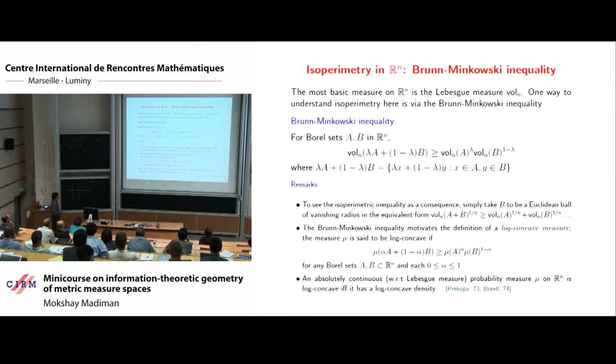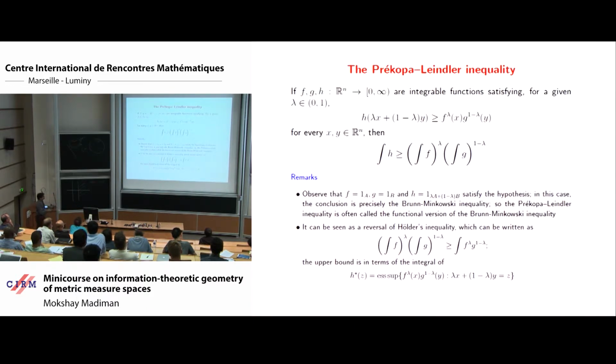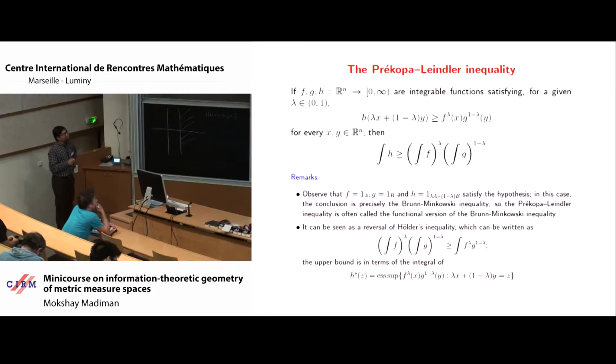Okay, this was observed by Prekopa, and then a generalization was proved by Borell. I'll come back to curvature in a minute. This is a bit of a digression, but I will come back to curvature.